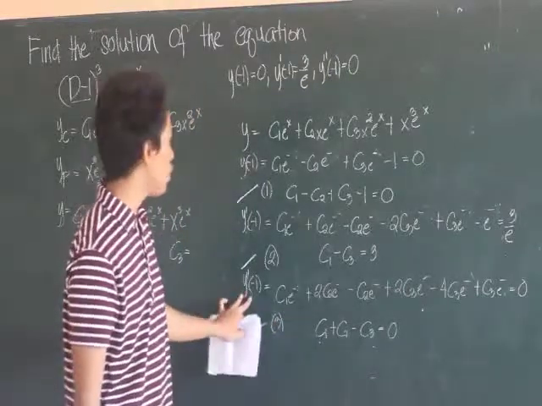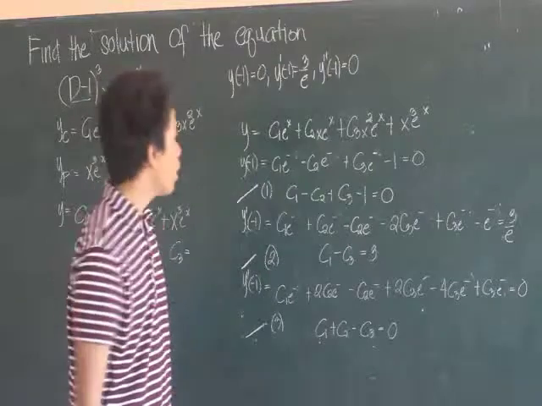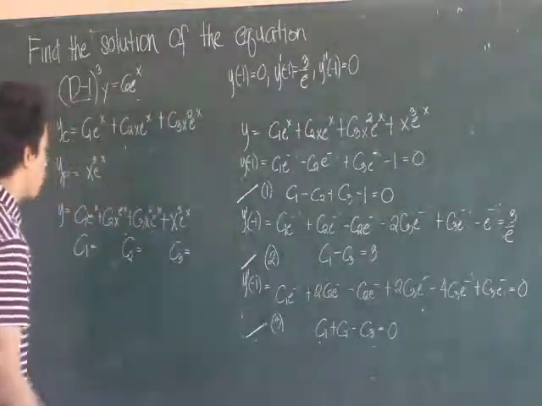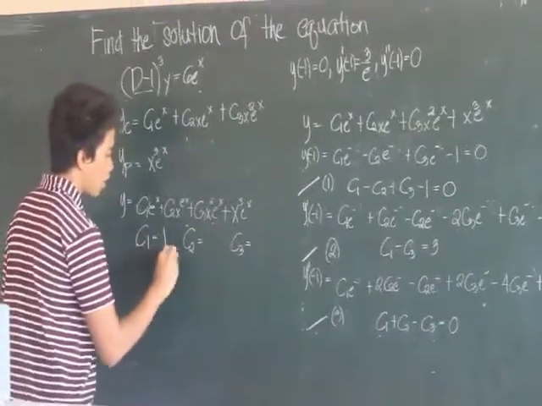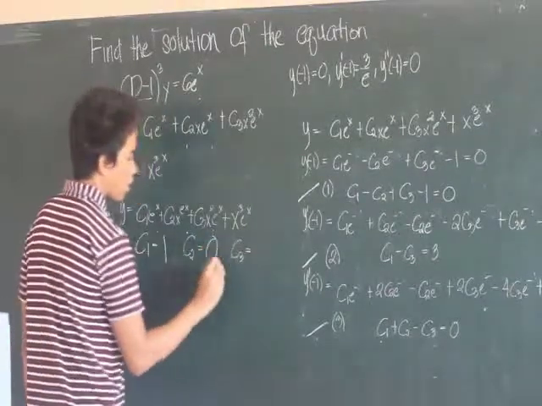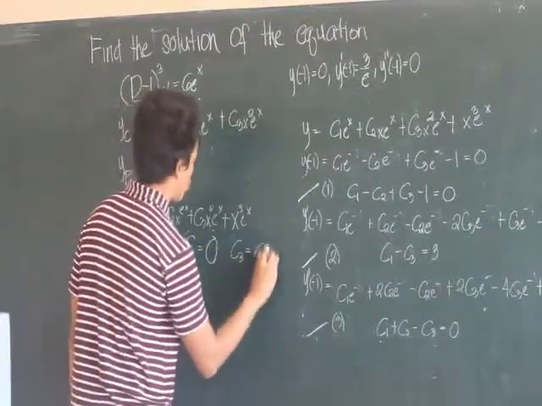And solving this using the substitution method, we obtain value of c1, which is equal to 1, c2 equal to 0, c3 equal to 0.